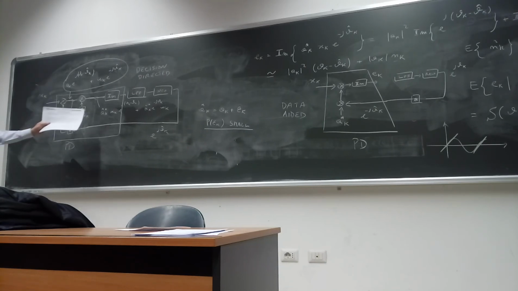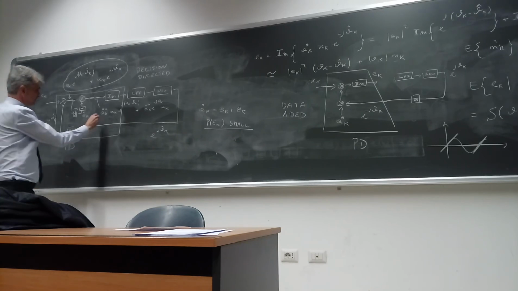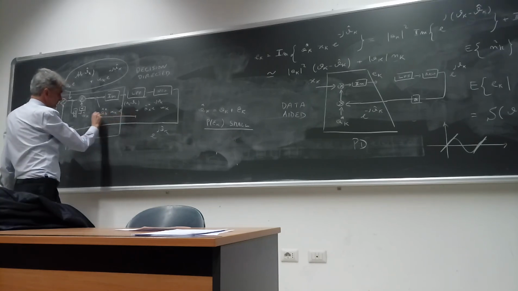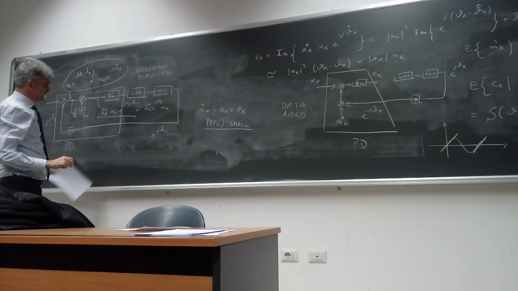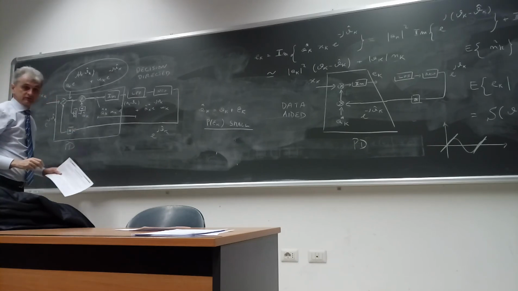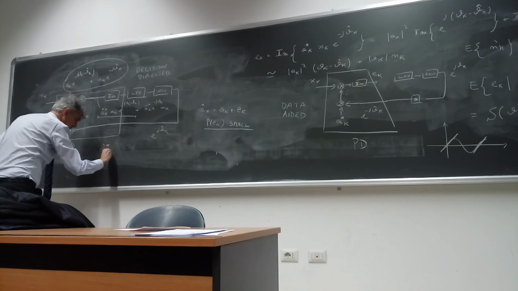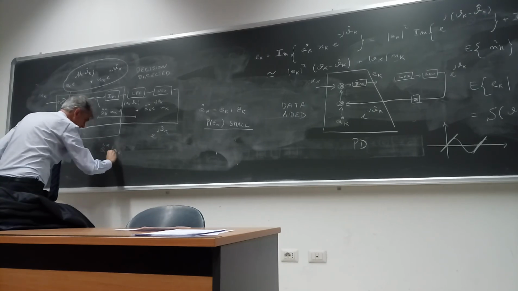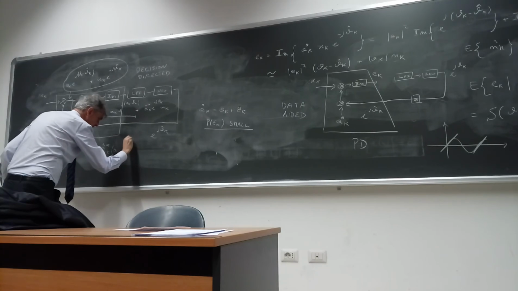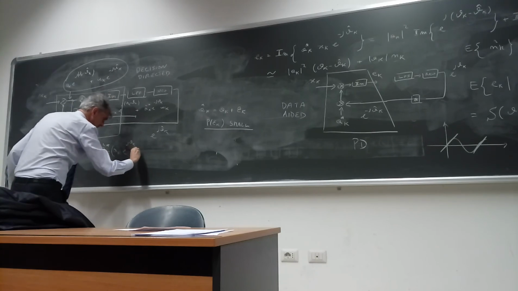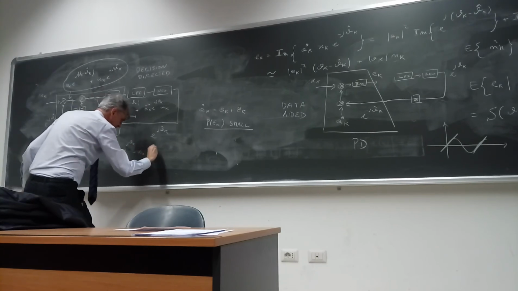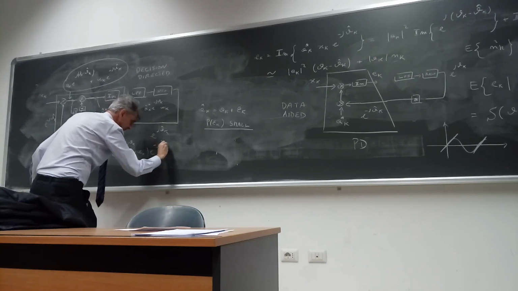The phase detector gives a good measure of the error only if hat A is equal to A. Remember, look here, the imaginary part of this term is the error. So what do we have here? Hat A star by A plus W, and then the demodulation.